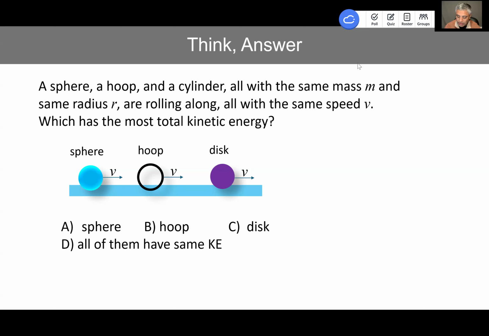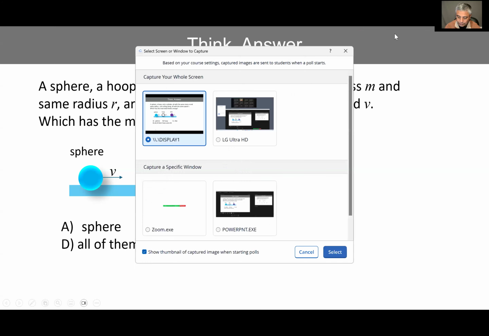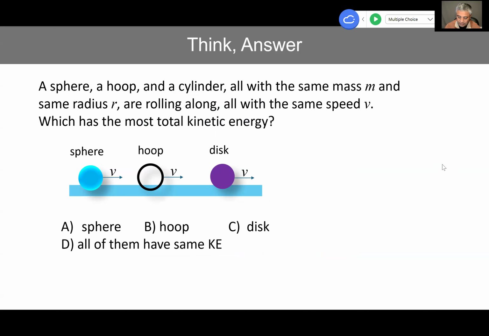So now I'm opening the poll. So their mass and speed are the same.